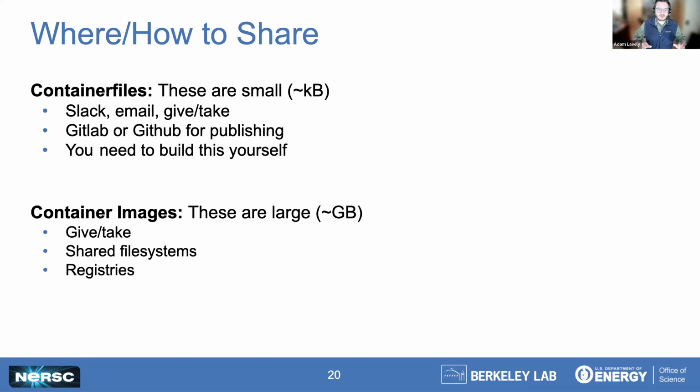You can interrogate them and figure things out, but container images are a little bit less safe to share. That being said, they're also very large, and so they're much harder to share. So on Perlmutter itself, you can give and take and pass images around if you like. You can put them on different shared directories or place them in registries.